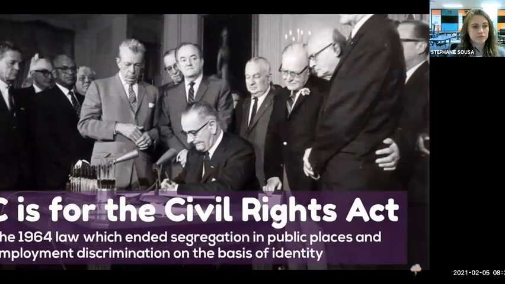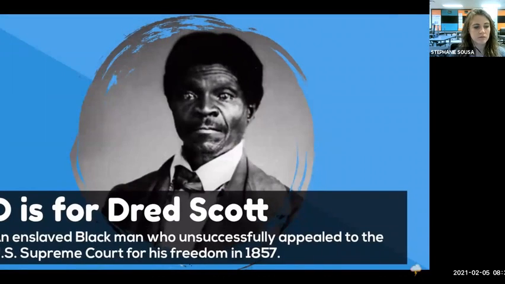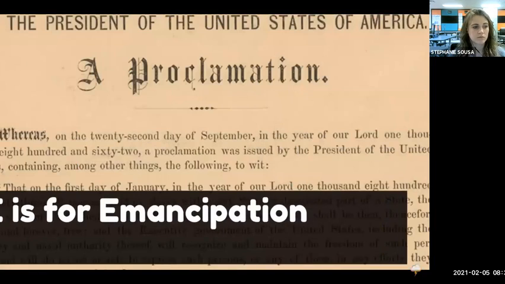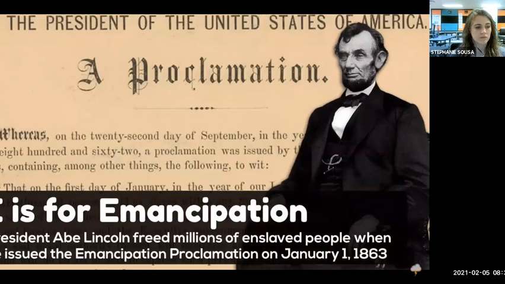C is for the Civil Rights Act, the 1964 law which ended segregation in public places and employment discrimination on the basis of identity. D is for Dred Scott, an enslaved Black man who unsuccessfully appealed to the U.S. Supreme Court for his freedom in 1857. E is for Emancipation. President Abe Lincoln freed millions of enslaved people when he issued the Emancipation Proclamation on January 1, 1863.